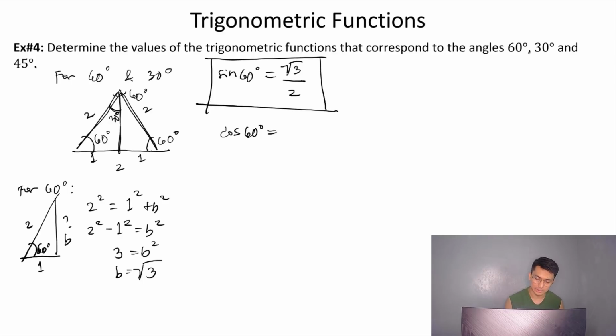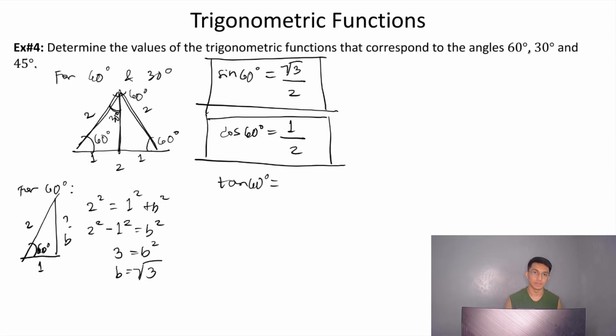Ang ating adjacent is equal to 1 over hypotenuse na 2. So this is our value for cosine 60. For tangent 60 naman, we have opposite over adjacent. The opposite is square root of 3. Ito yan, yung opposite natin. Over 1. Or simply, sulat na lang natin as square root of 3 na lang.